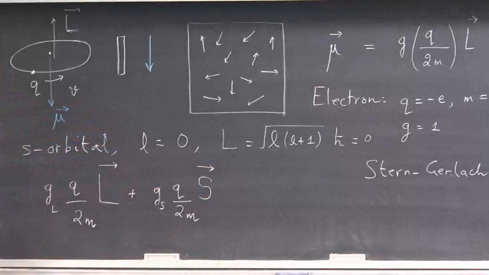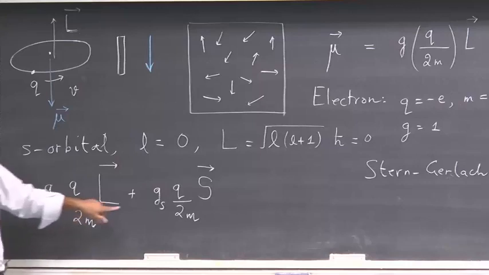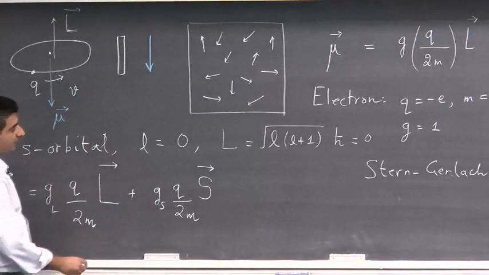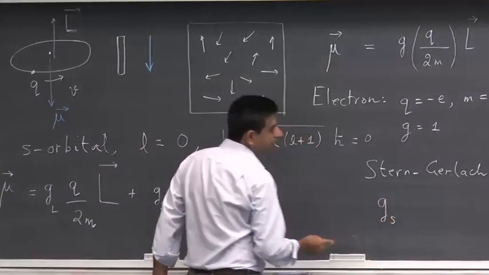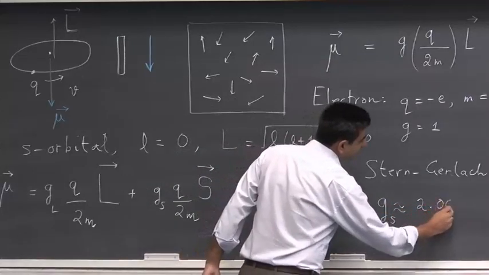Both of these are vectors, and you add them up to find the total magnetic moment of an electron. Turns out we know that this factor is 1 for an electron. This factor is almost 2 for an electron. The g factor for an electron associated with the spin is 2.002.